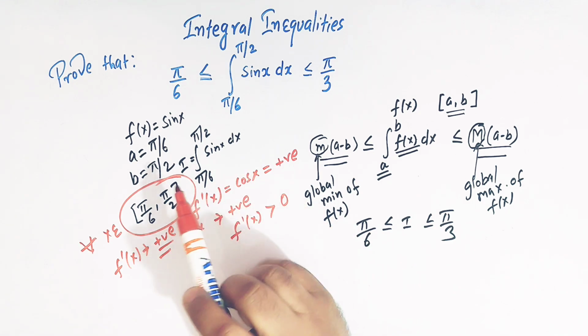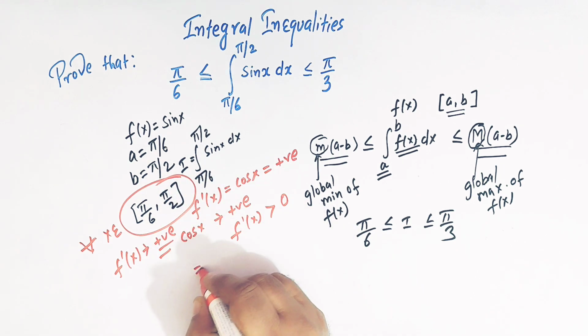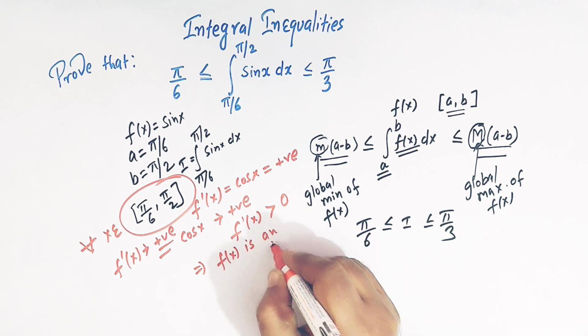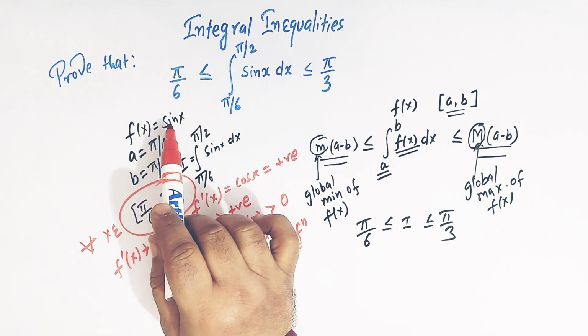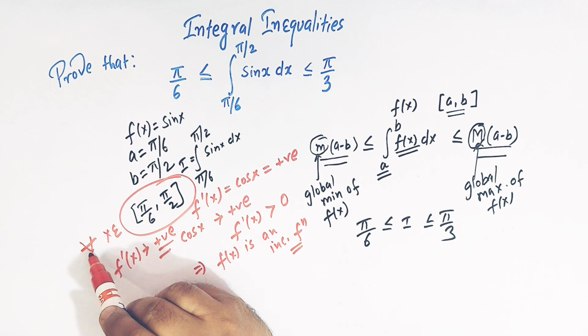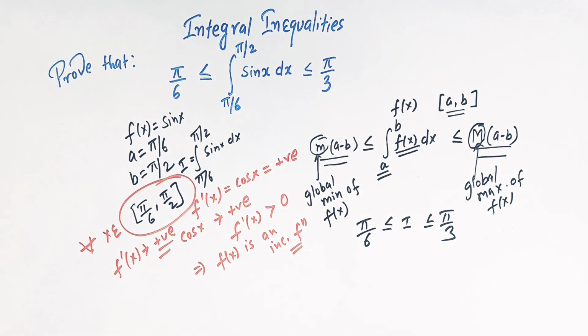If the function has a derivative greater than 0, it implies that the function f of x is an increasing function. So we have concluded that this function sine x is an increasing function for all values of x belonging to this interval.